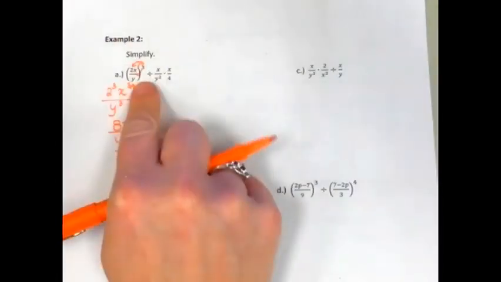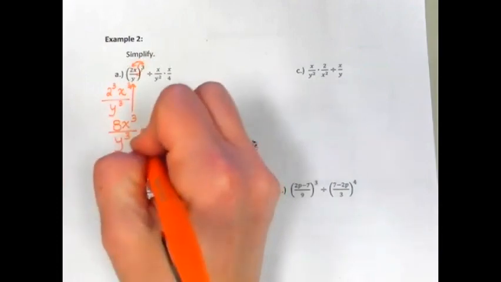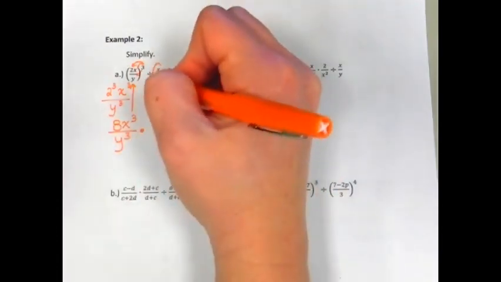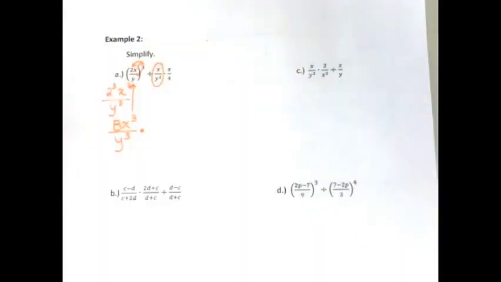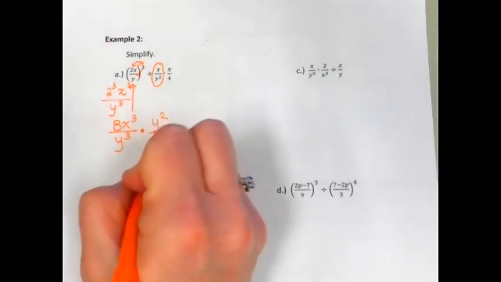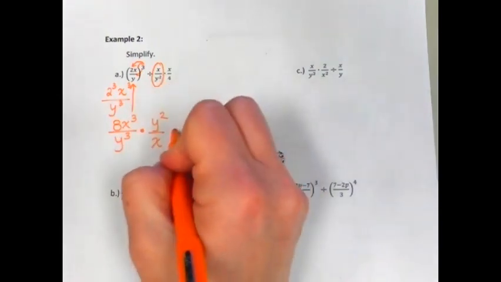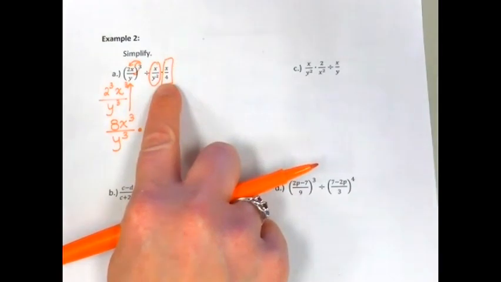We have a division. So what do I have to do with the division symbol? Change it to multiplication. So what would I do with this x over y squared? I need to flip it, right? So wouldn't that be y squared over x? Now it's times x over 4. So since this is multiplication, do I have to flip the x over 4?